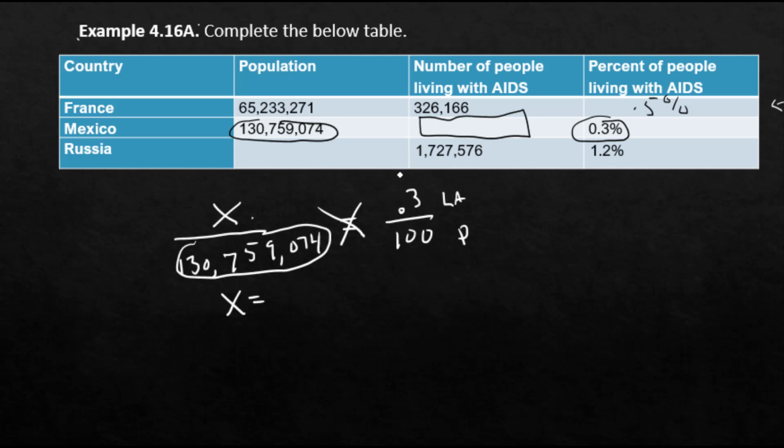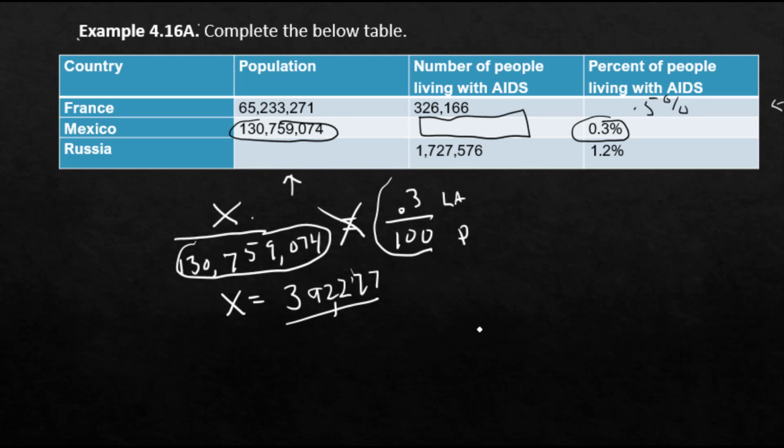You can have a ratio with a decimal, but not an actual number of people. So I'm getting 392,277.